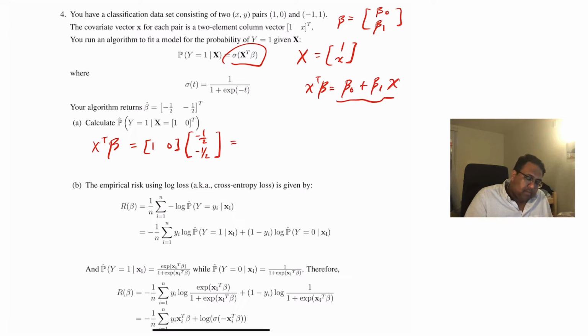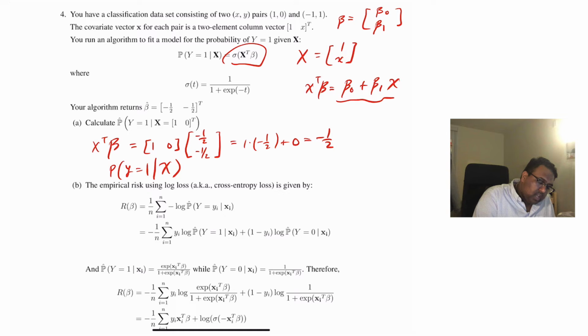So we do this dot product. We get 1 times -0.5 plus 0, which is -0.5. So that means the probability y is 1 given x, with this specific x, is sigmoid of -0.5, which is 1 over 1 plus e to the 1/2.